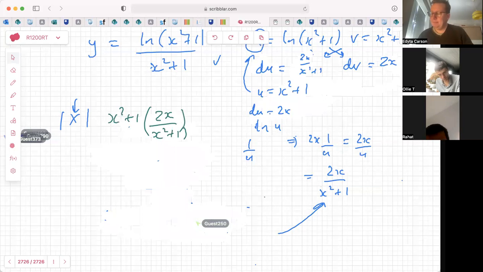So we just have 2x. Minus u dv, where u is log of x squared plus 1, times dv, which is 2x. Running out of room here, let me wipe this out of the way.